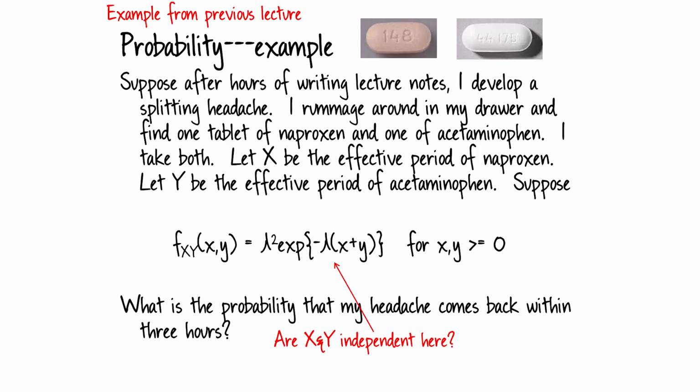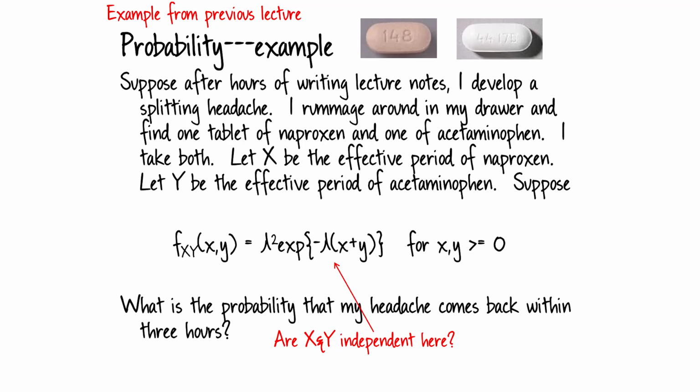Remember, this was the joint PDF of the effective period of the two tablets. The effective period of naproxen is random variable X, and the effective period of acetaminophen is Y. And this is their joint distribution.